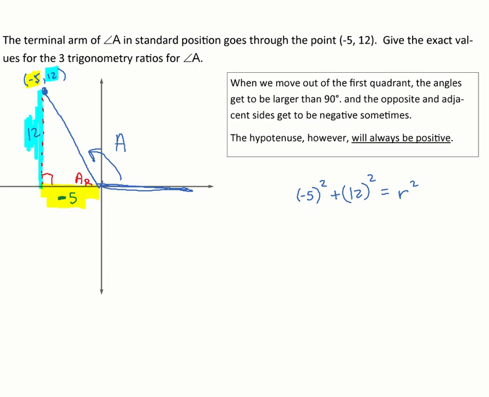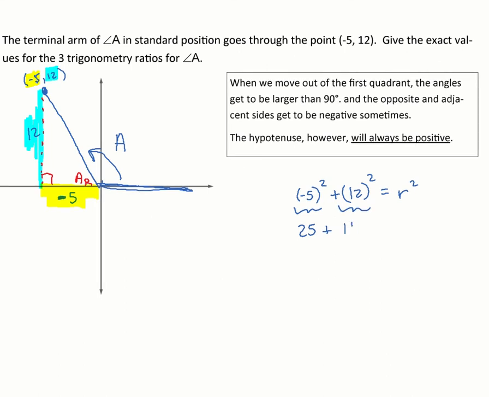Okay, the fact that the side was negative here doesn't really matter, because when you square it, we get 25. Then 12 times 12 is 144, equals r squared, so that's 169. All right, when we square root, we have to remember that this could be the positive or negative square root of 169.